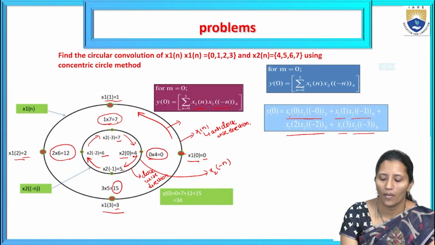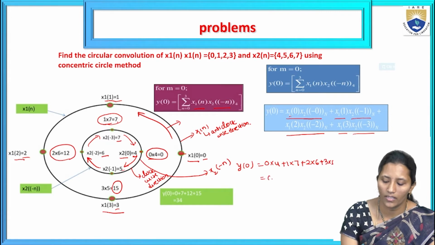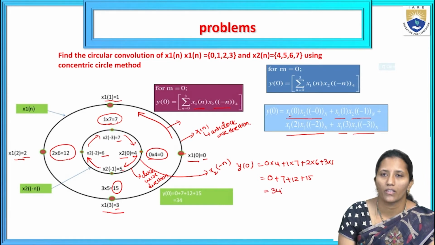The corresponding amplitudes are multiplied. So for y of 0: 0 into 4 plus 1 into 7 plus 2 into 6 plus 3 into 5. That is 0 plus 7 plus 12 plus 15, which gives 34. So the y of 0 value is 34.